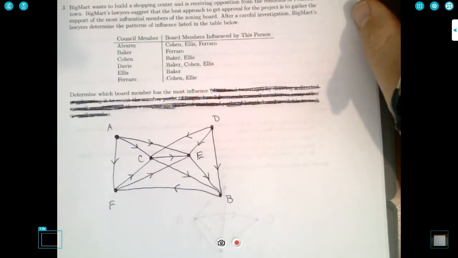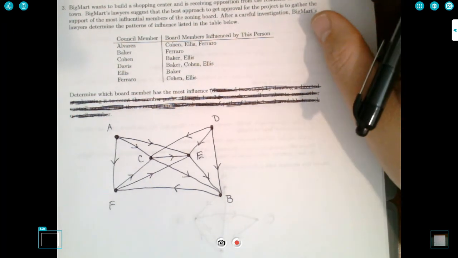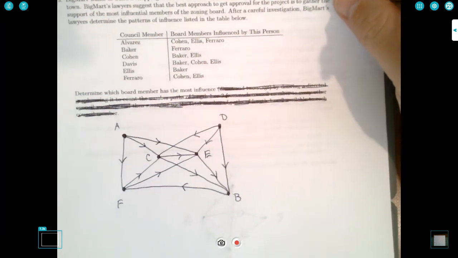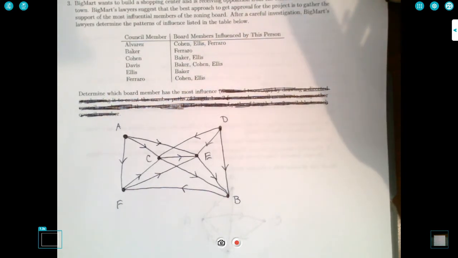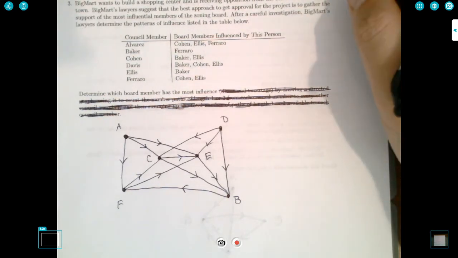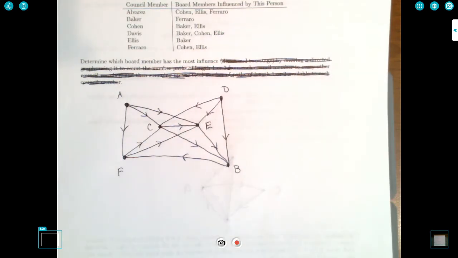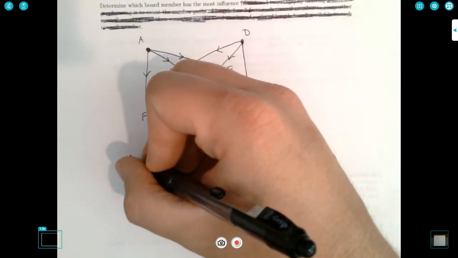Now again, what I want to do is figure out the total amount of influence, first and second hand influence that each council member has over every other council member. And so the way that I'm going to organize my information is into a chart, right? Like this.